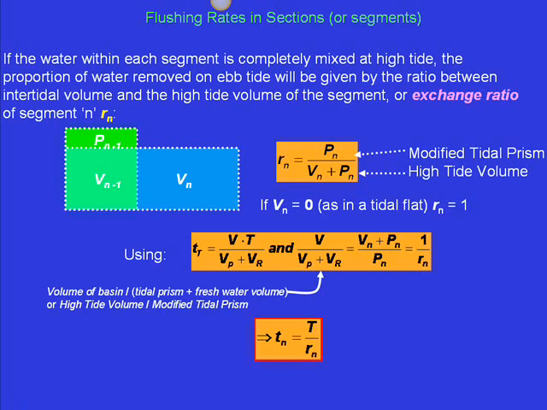Because you have here where this equals 1 over Rn. So this thing that we have here is 1 over Rn.